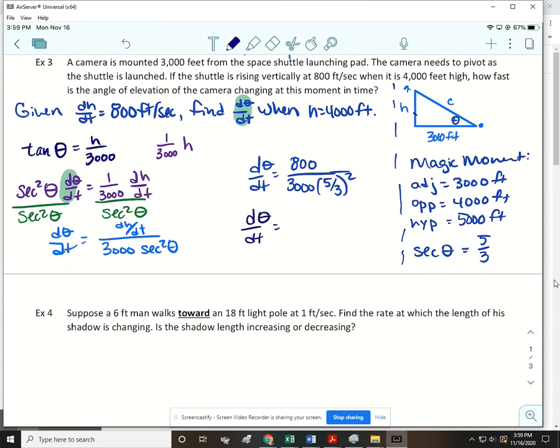Okay, so d theta dt is equal to 800 over, let me figure out what this is real quick, 25 over 9 times, oh my goodness, times 3,000.